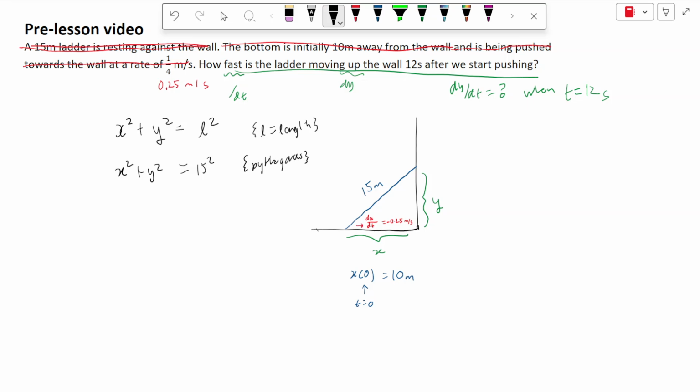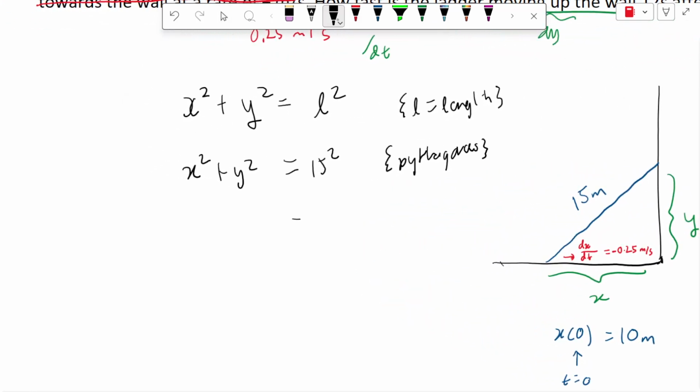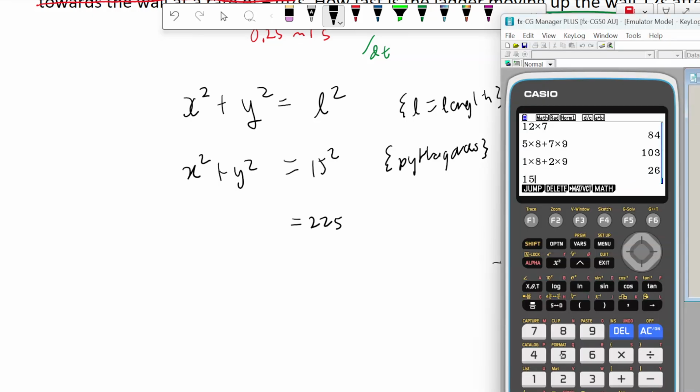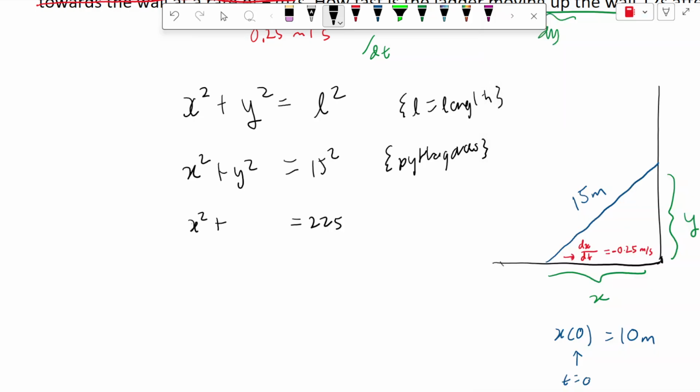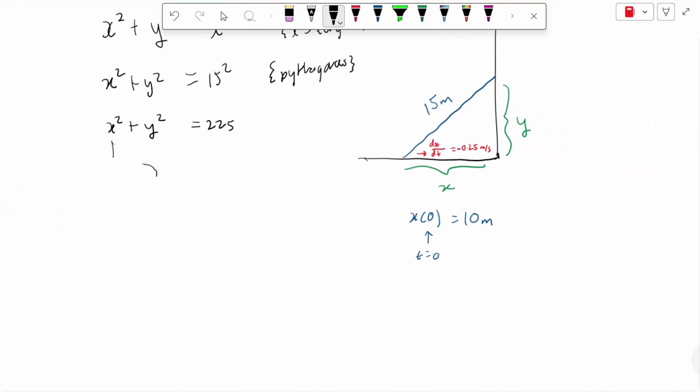You probably don't need that first line, but I'm just trying to do it for completeness here. Okay, 15 squared is 225. Let me make sure I've actually got that right. 15 squared, yep, and that's x squared plus y squared. Now you are going to be very tempted to sub in 10 for x. Do not do that. X is 10 at the start, but it doesn't stay as 10.